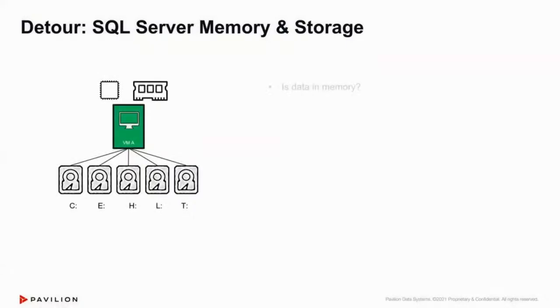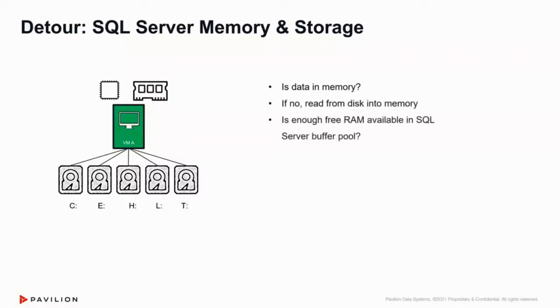And here's why. Let's just say I run a command that says select star from table users where username equals David Klee. No big deal. Okay. Is that data in memory? Is it in that buffer pool? If not, we need to read from disk, load it into memory, no problem. But what if there's other stuff in that buffer pool already and there's no free available room for this?